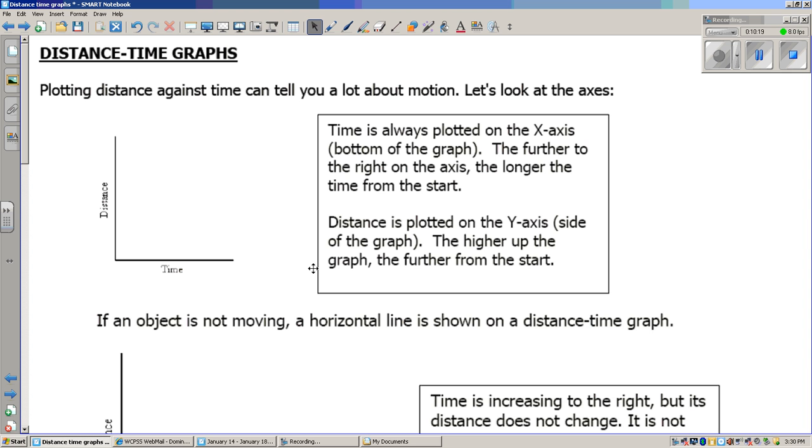All right, so the first part just says plotting distance against time can tell you a lot about motion. Let's look at the axes. We talked a little bit about this yesterday, or alluded to this. Time is always plotted on the x-axis. Remember my saying, time waits for no one? Because time can also be considered the independent variable.